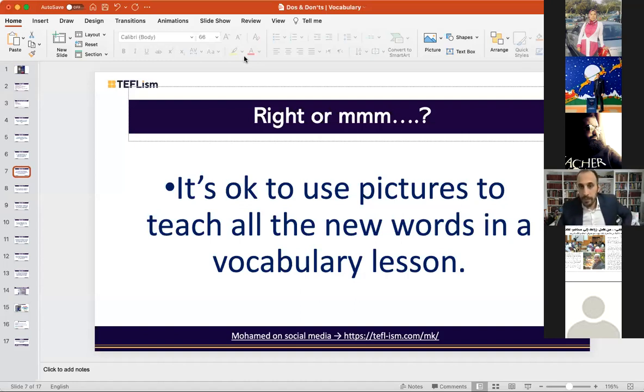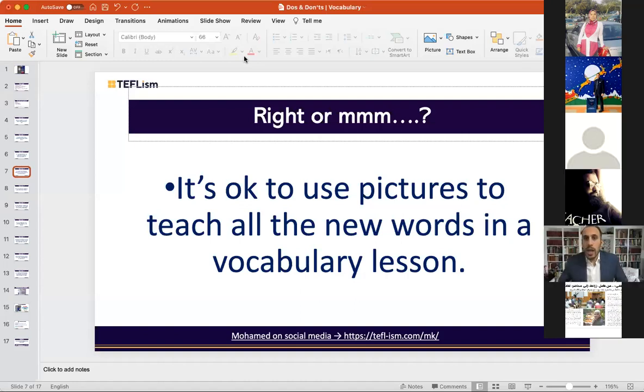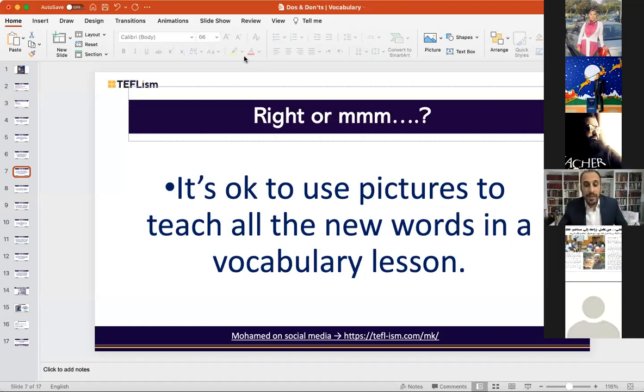Honestly speaking, pictures and realia are great with concrete items. When I say concrete items, let's look at this bottle. To provide the students with a definition would sound really crazy and completely unacceptable. A picture will solve it.